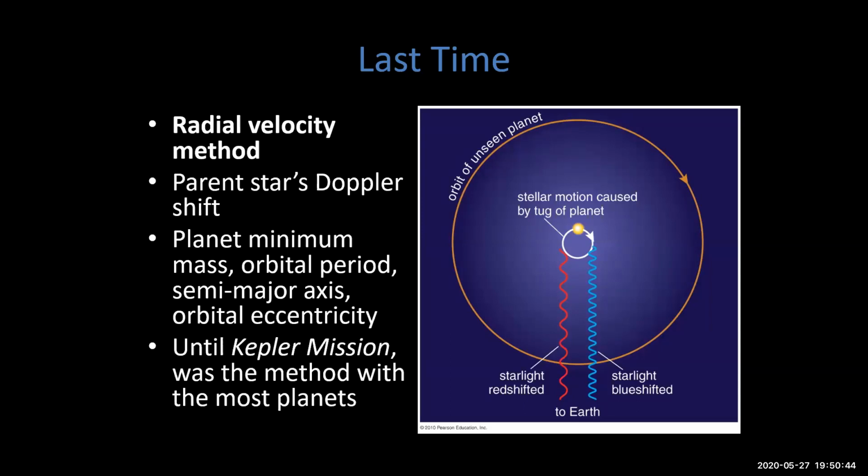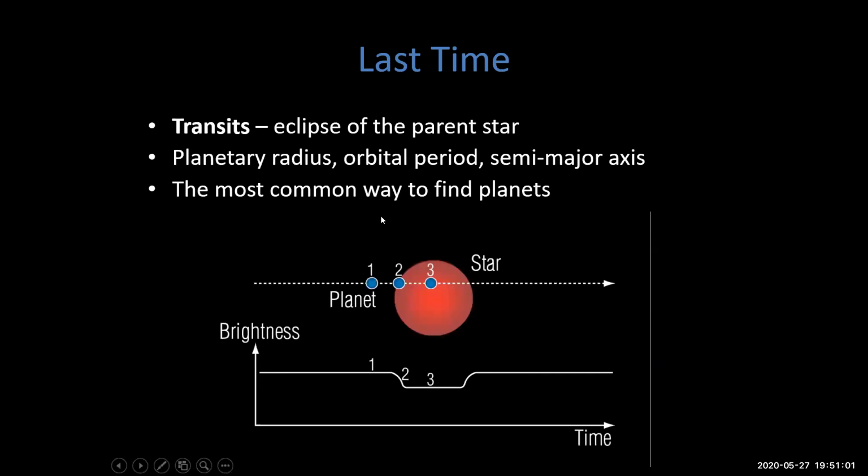And this was the primary method to find extrasolar planets until Kepler arrived, with a huge upgrade in technology, essentially. Kepler's method was to look for what are called transits.